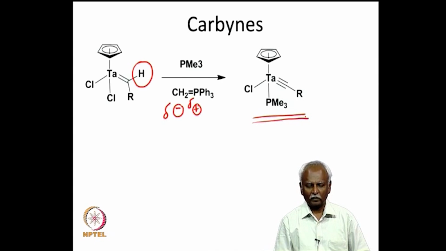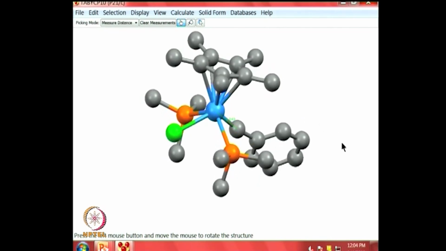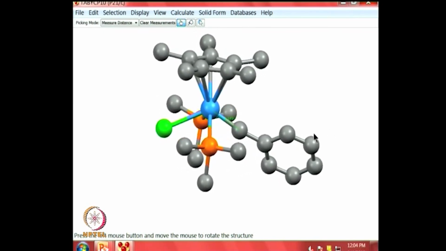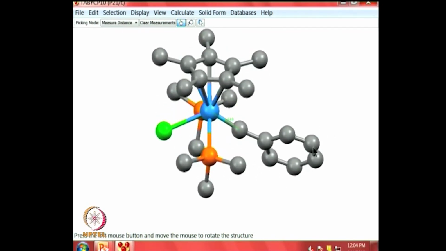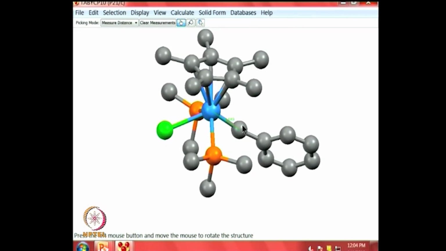Now, let us take a look at these molecules, and once again let me show you this molecule which is pictured here. This is a tantalum carbene complex in which you have the carbon at a very short distance of 1.849 angstroms, and so this is a distance which is assumed to be a triple bond.